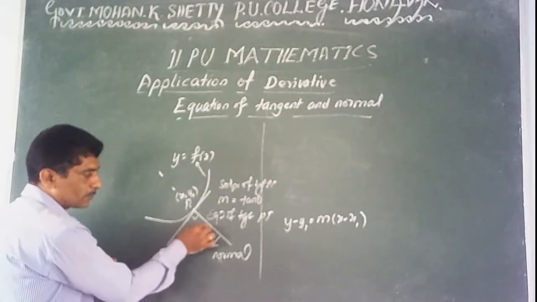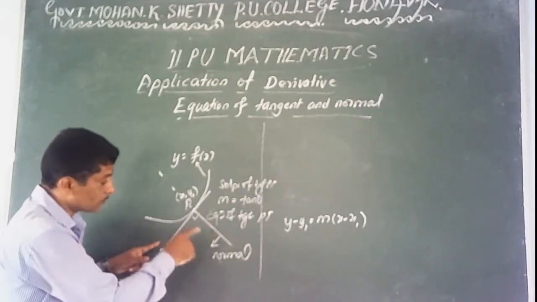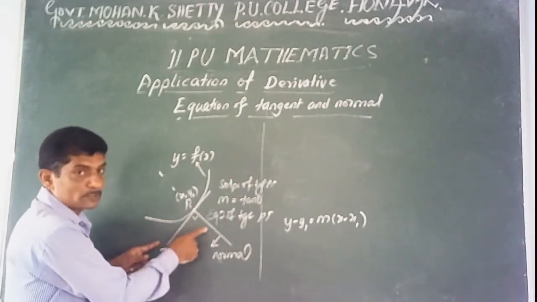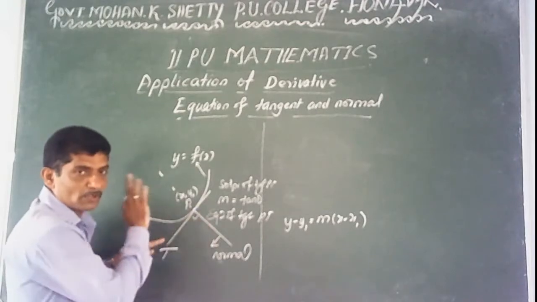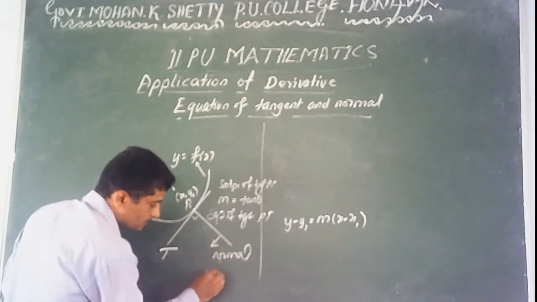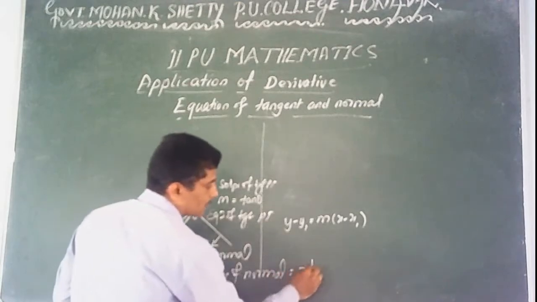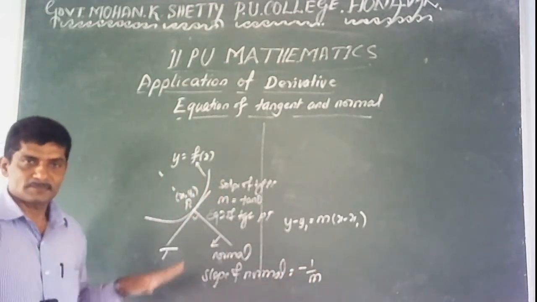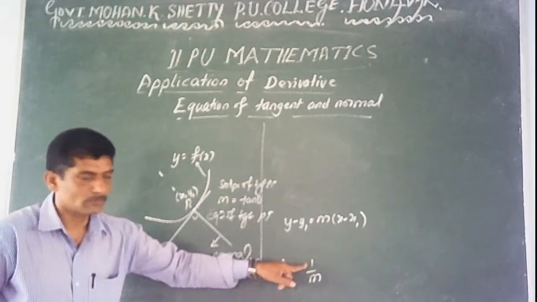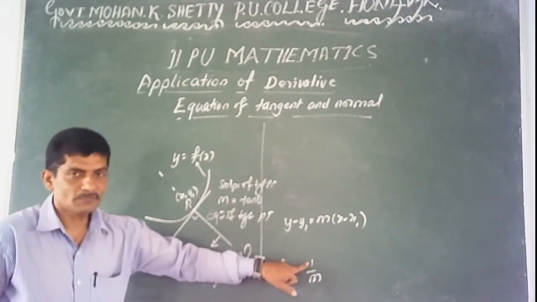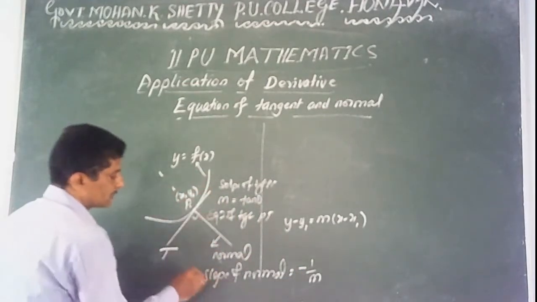Two lines are perpendicular means the product of the slopes is equal to minus 1. The slope of one line is the reciprocal of the slope of the other line with opposite sign. So what will be the slope of the normal? If the slope of the tangent PT is m, then the slope of the normal is minus 1 divided by m. We know that when two lines are perpendicular, the product of the slopes is equal to minus 1. So it is the reciprocal with opposite sign: if plus then minus, if minus then plus. It's clear? Then what will be the equation of the normal?